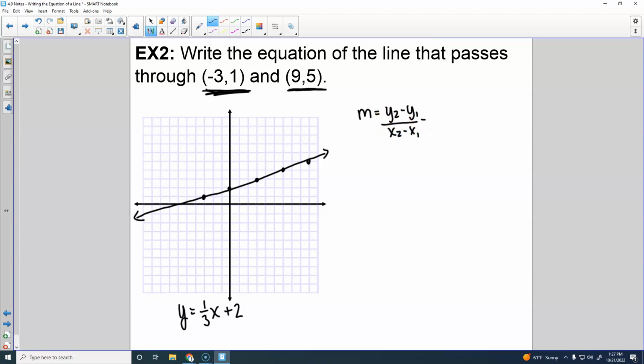Good. And what does that look like for this problem? What numbers will we plug in? I've got to subtract my y's on the top. Okay, so 5 minus 1 on top, and on the bottom?